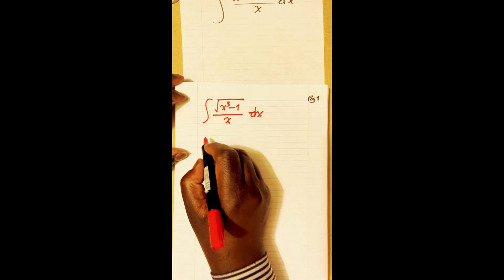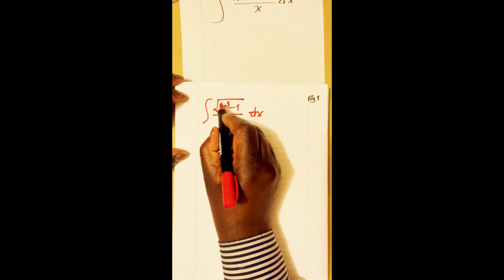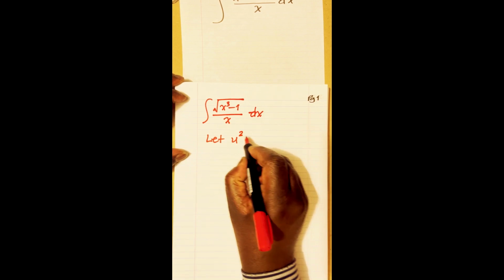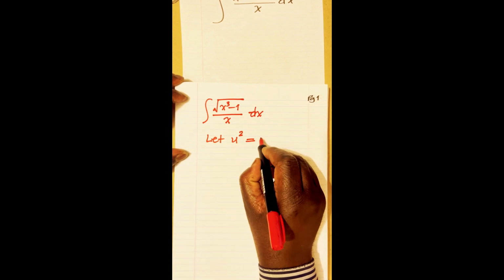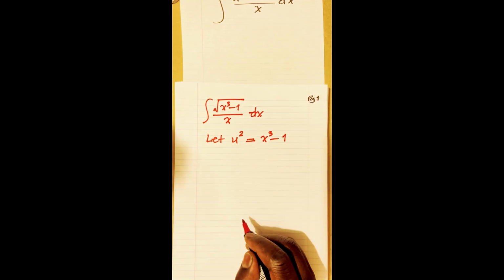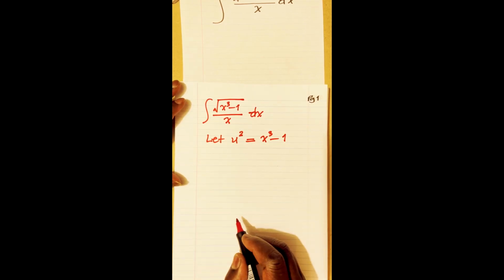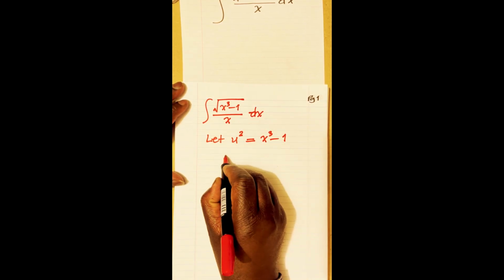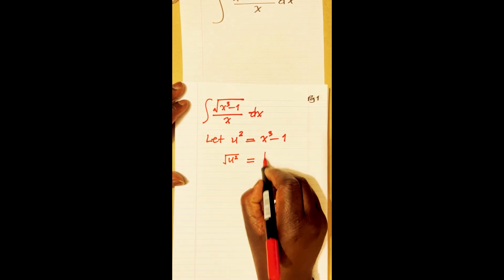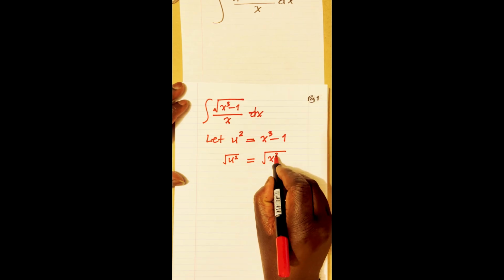Now, like I said, we're going to remember this square root in the numerator, so we're going to let u squared be equal to x cubed minus 1. And the first equation we're going to obtain from this equation is to take the positive square root on both sides. So the positive square root of u squared should be equal to the positive square root of x cubed minus 1.